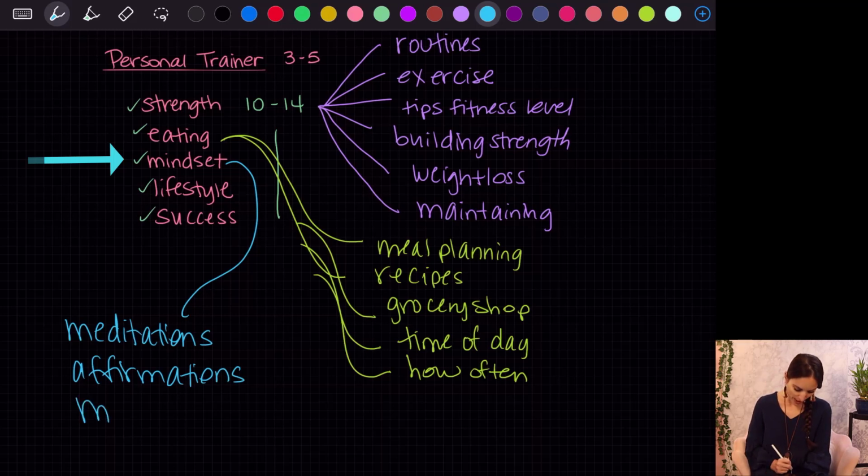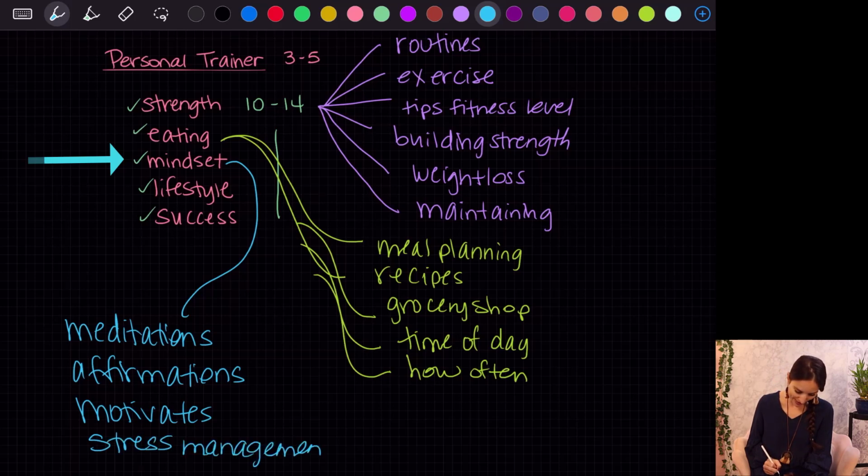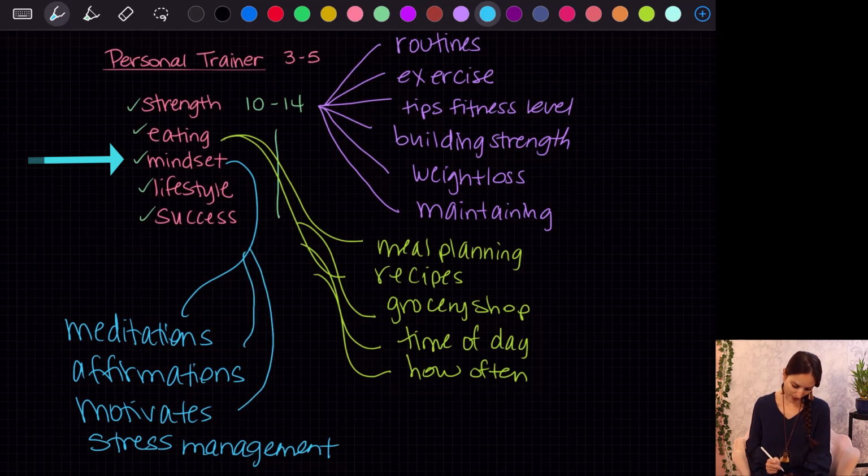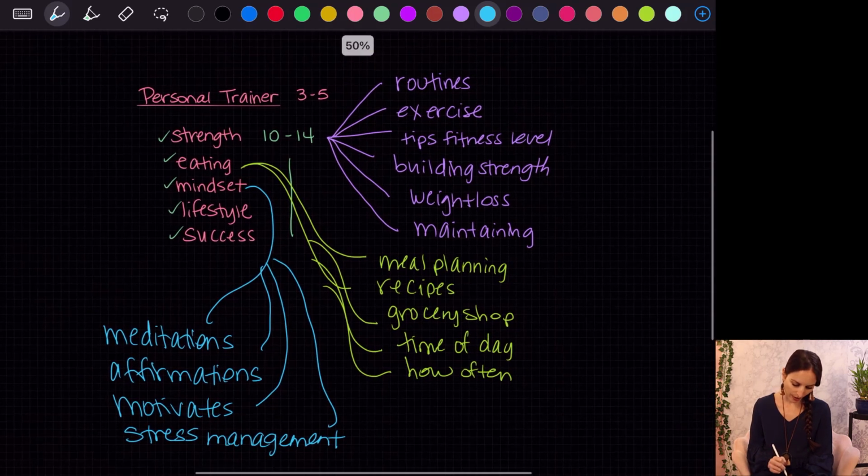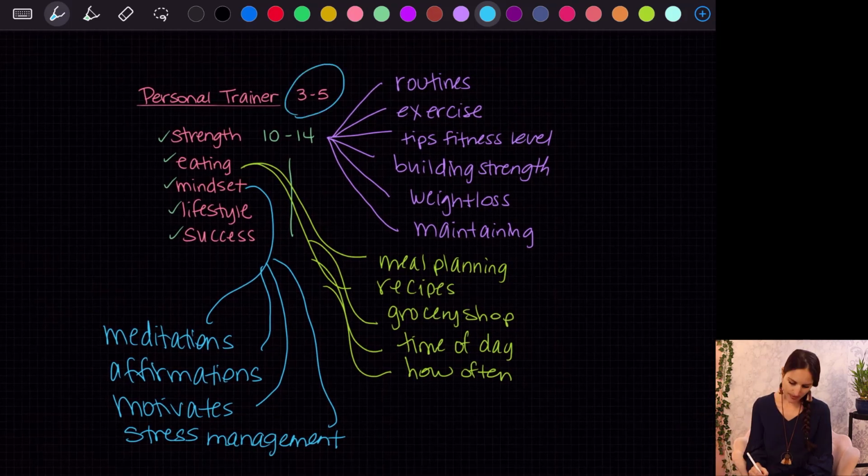Any motivation that we have, anything that motivates us to keep going. This is all part of mindset. We can even add in here some stress management because people tend to eat a lot when they're stressed, or some people don't eat at all when they're stressed. So we would do this mind map for all of our content pillars.